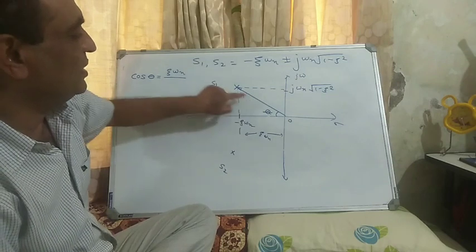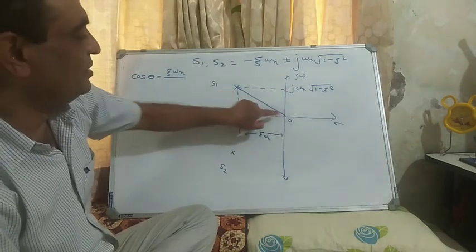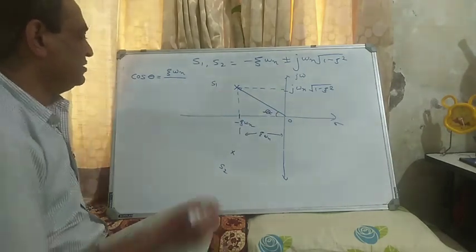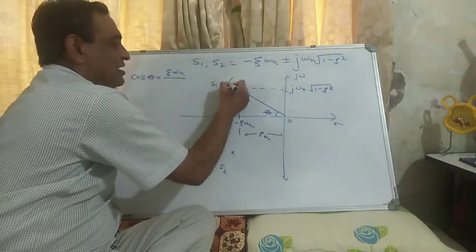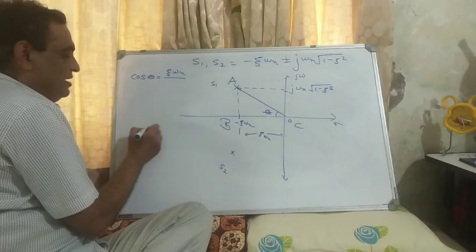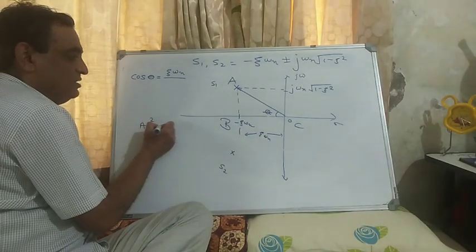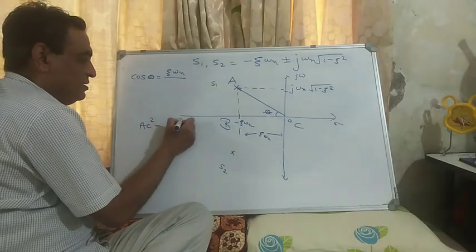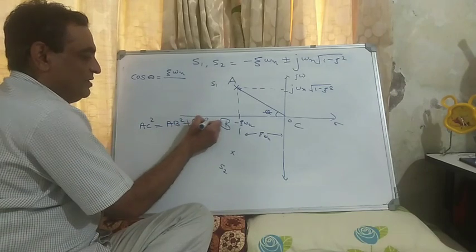So what is this? You will get it via taking the Pythagoras theorem. Let's say this is A, this is B, let's say this is C. Then AC square is equal to AB square plus BC square.